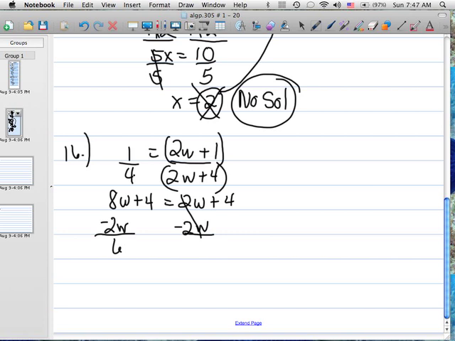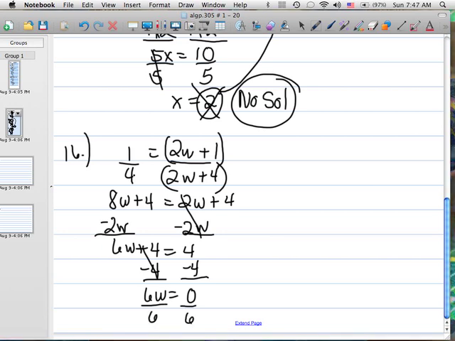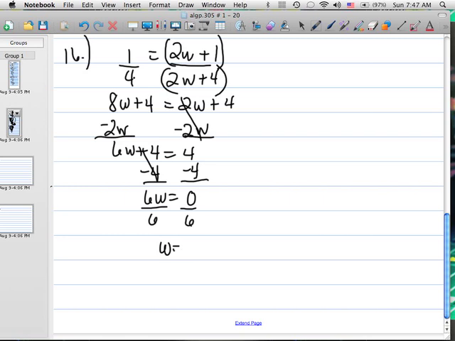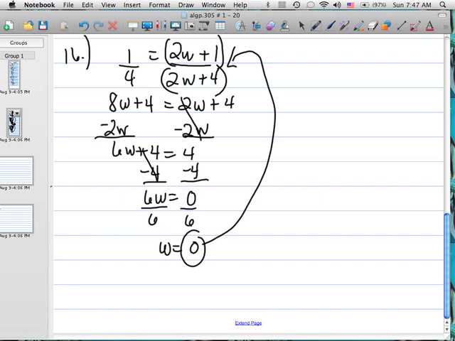That leaves me 6w plus 4 equals 4. Undo the adding 4, subtract 4 from both sides. I get 6w equals 0. Divide by 6, and w is 0. Checking, if I put 0 back up here, 2 times 0 is 0 plus 4, it's fine. So 0 is my solution.